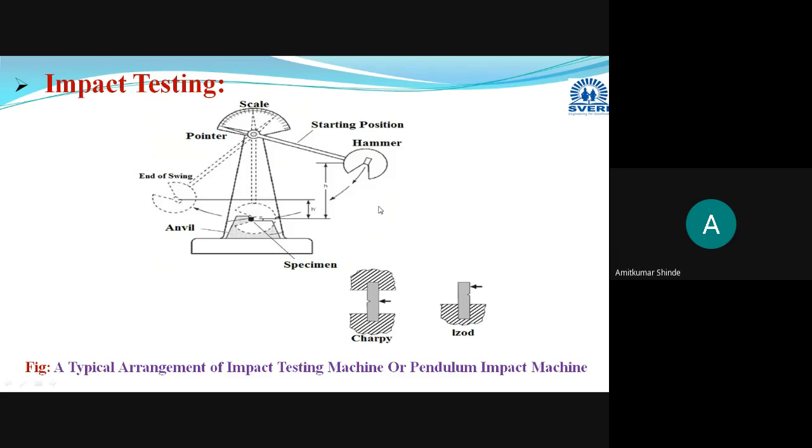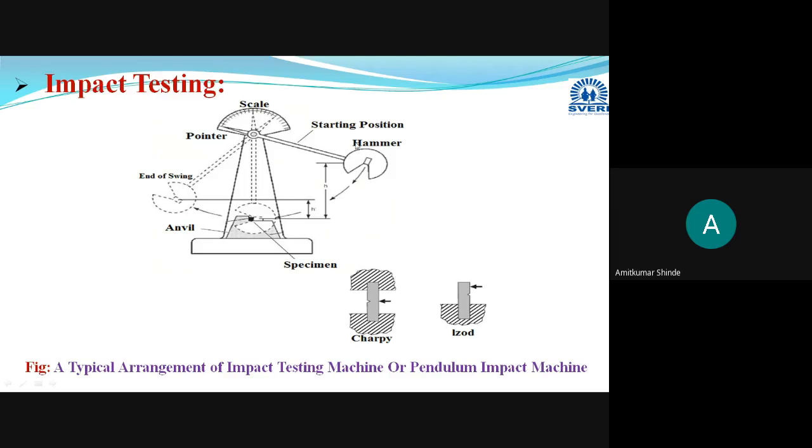The formula will be like this. At the initial position, the starting position of the hammer, when the hammer is not in motion, it will have certain potential energy.